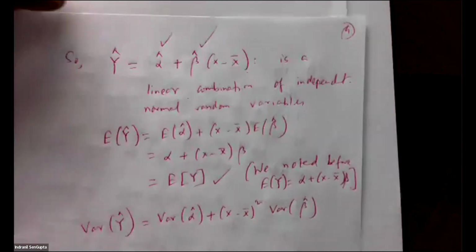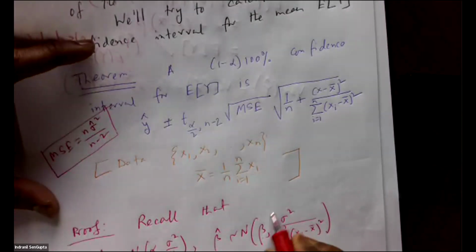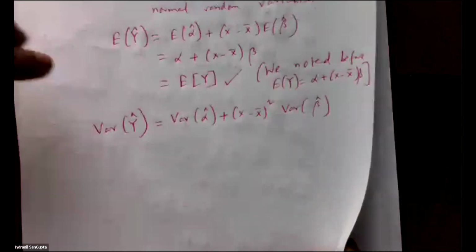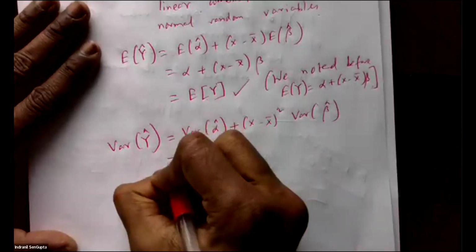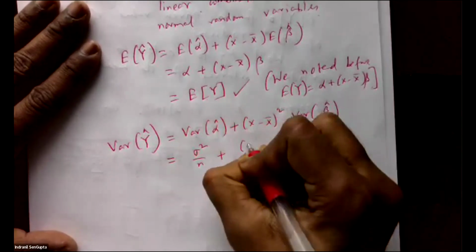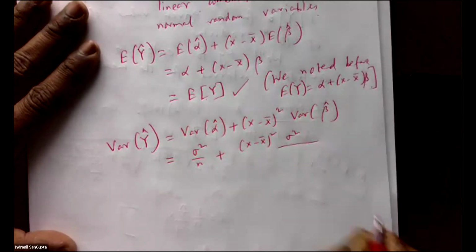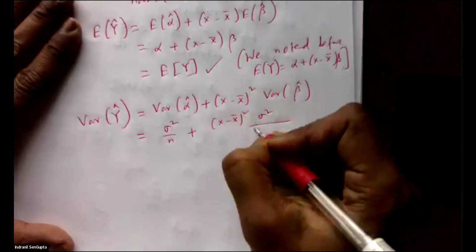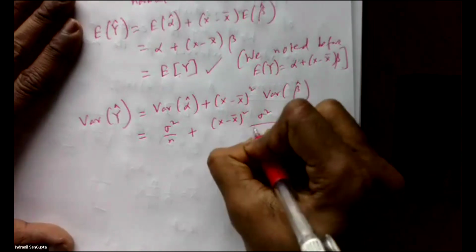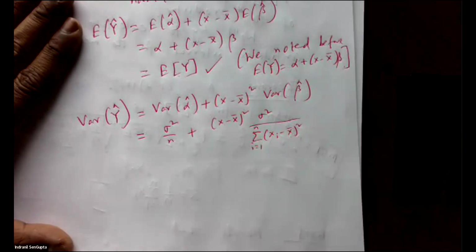We have already seen that for alpha hat, the variance is sigma squared over n, and for beta hat, it's sigma squared over summation i from 1 to n of xi minus x bar squared.